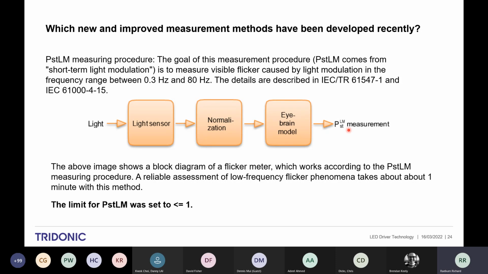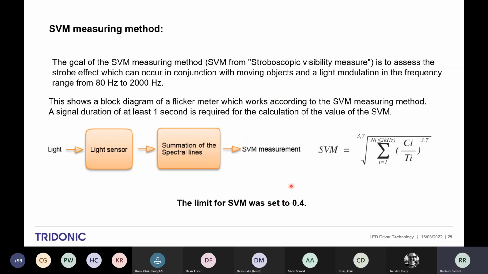We won't go into details of it, but we have these PstLM and SVM measurements. Now the limit for that is equal to or greater than 1. And if you look on the driver data sheets, you will see these values, PstLM and SVM, and they will just show you that it's below the limit. They won't actually give a specific value themselves.